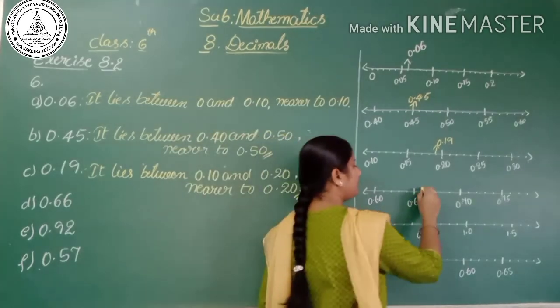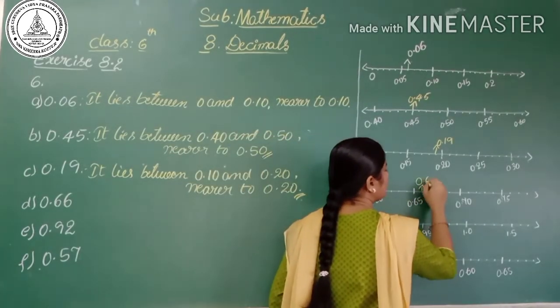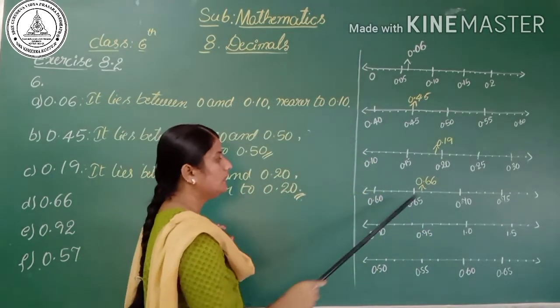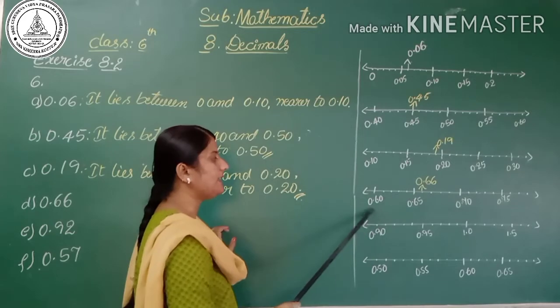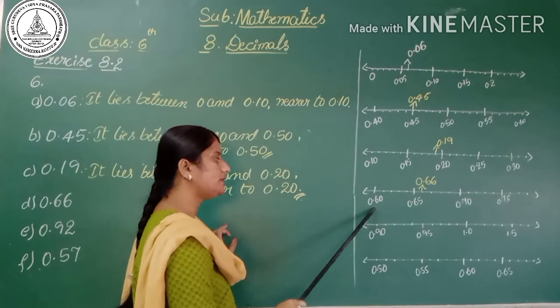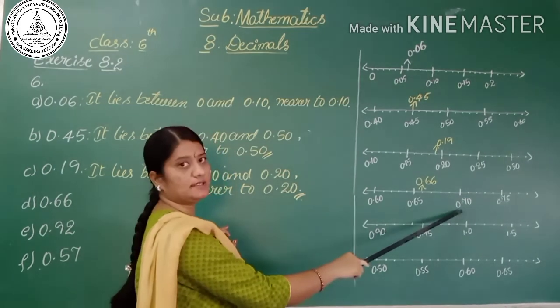So here there is 0.66. Now can you say which two numbers 0.66 lies between? It is 0.60 and 0.70.